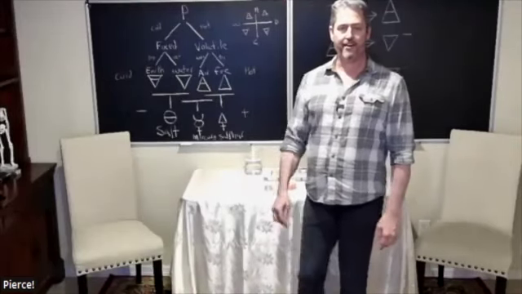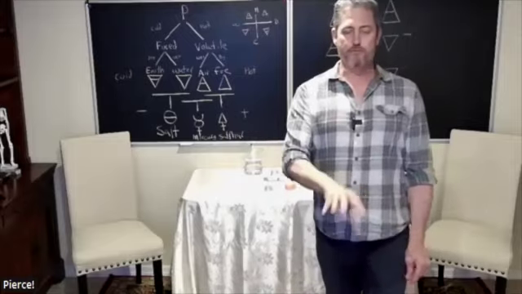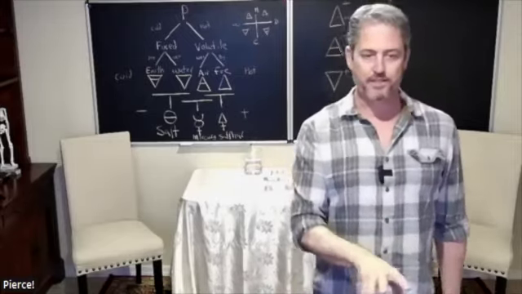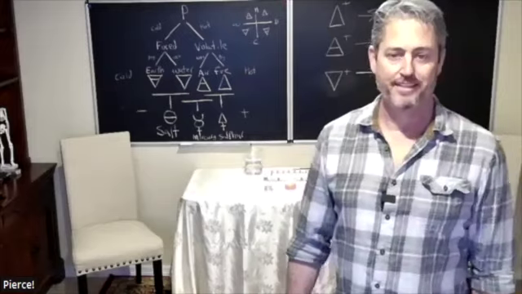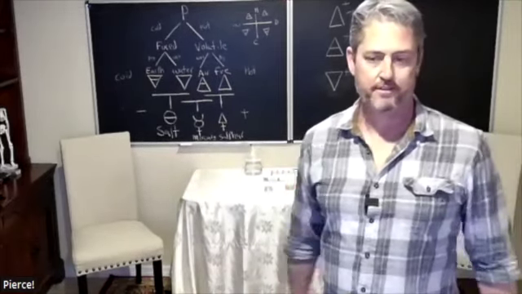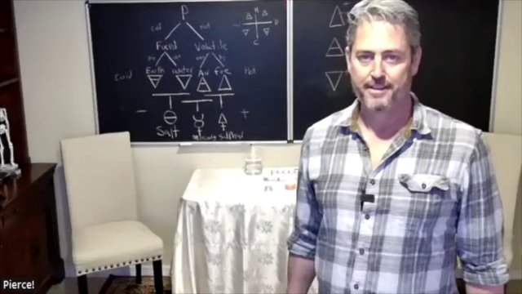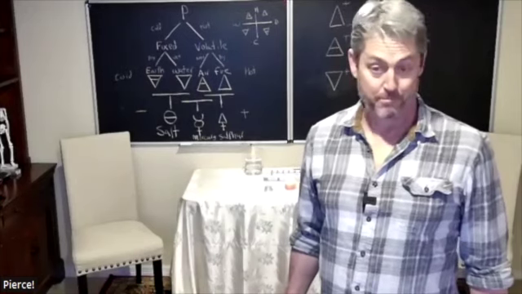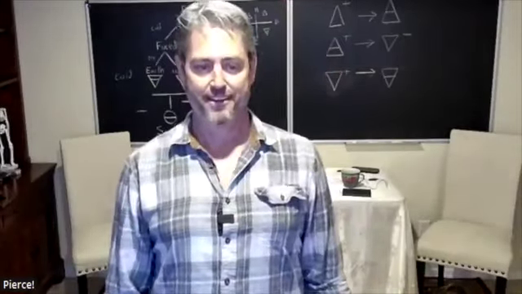Now, can you already close your eyes and remember what each of those are? The downward pointing triangle with a line through it is which one? Because it has a line through it and it's downward pointing, which element? Earth. There you go.